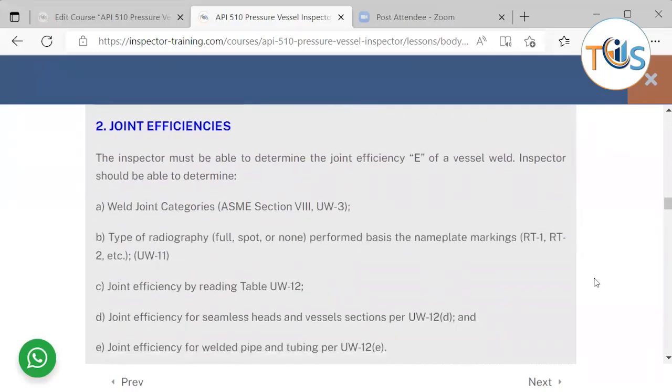So you should know about the joint efficiency, which is directly related to the amount of NDT done. For that, API refers you to ASME Section 8, UW-3. It is a very important figure there. And you should know what categories A, B, C, D are, mostly A and B. A being the longitudinal weld and B being the circumferential weld. The longitudinal weld is experiencing almost twice the stress of the circumferential weld because of the hoop stress.